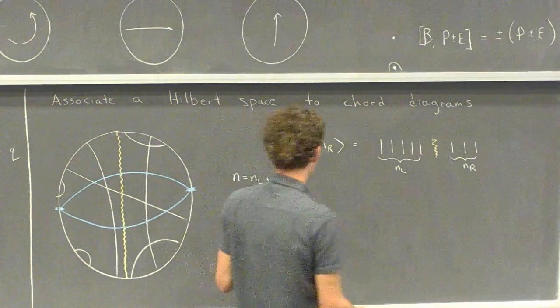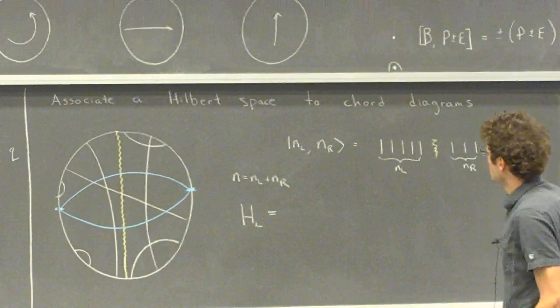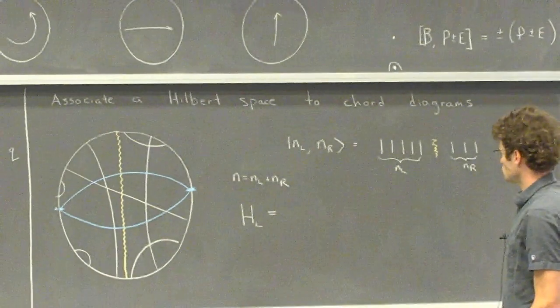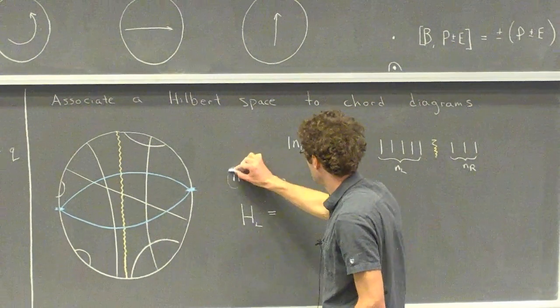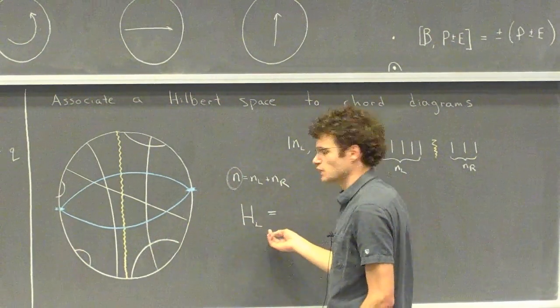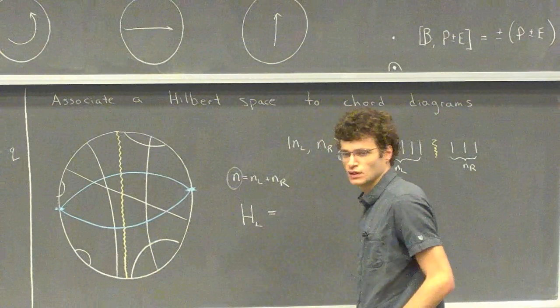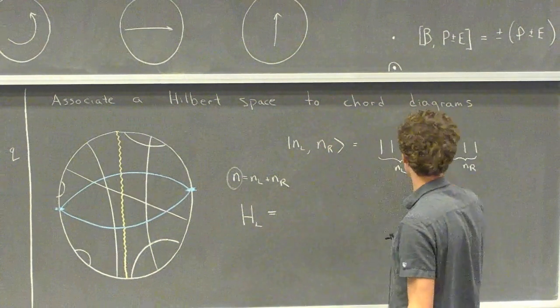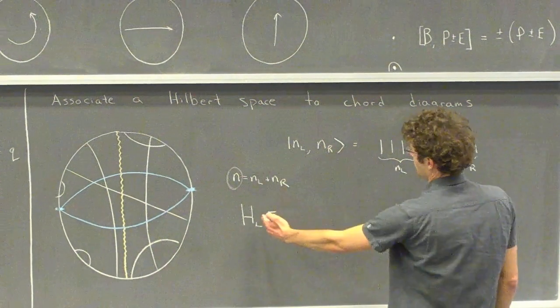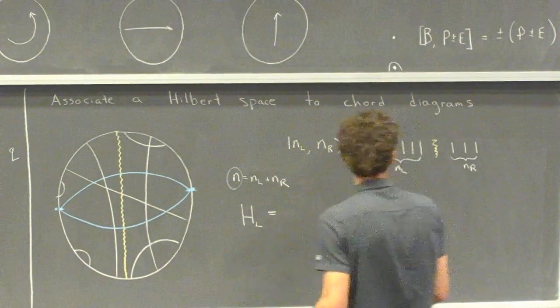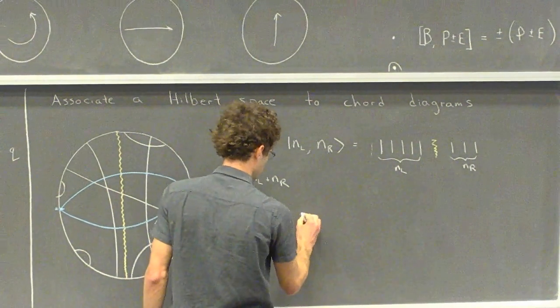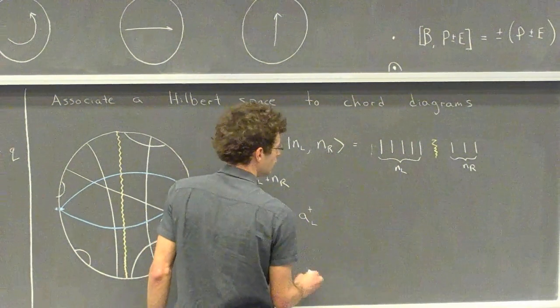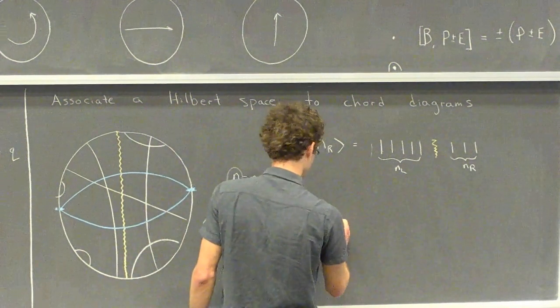Let's discuss how to define this algebra. So the algebra is constructed out of the n operator, and the left and right Hamiltonians. The left and right Hamiltonians act simply on this Hilbert space. For example, if we act with h left on this state, then what it can do is add a new chord, so we have a dagger L, or it can annihilate one of the left chords.